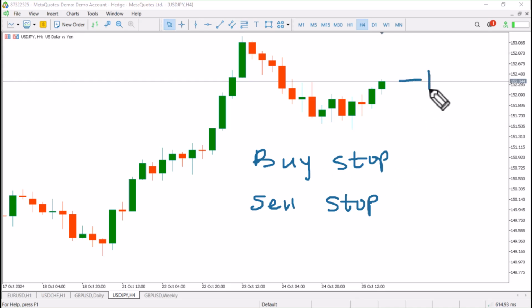As the market is selling at 152, maybe you believe that this asset or price is not yet giving you a reason for you to get in, because you believe this asset is not yet strengthened. And instead of you buying at 152, you prefer to buy when price gets to a higher price level, you use the buy stop order.